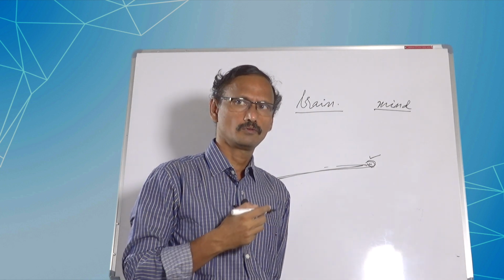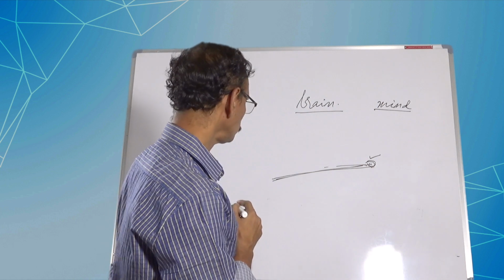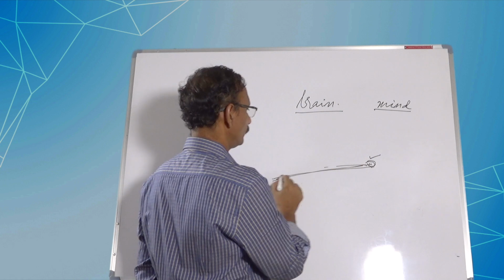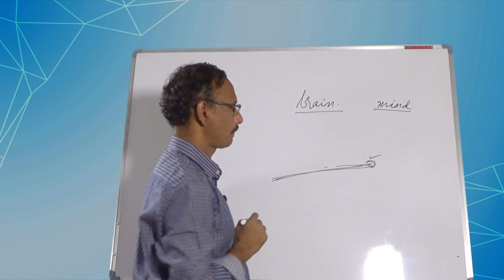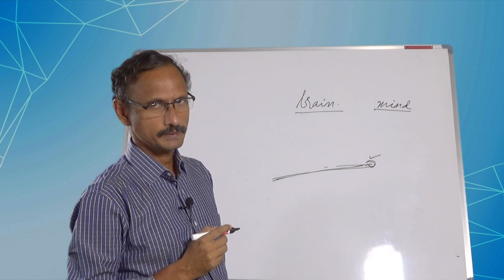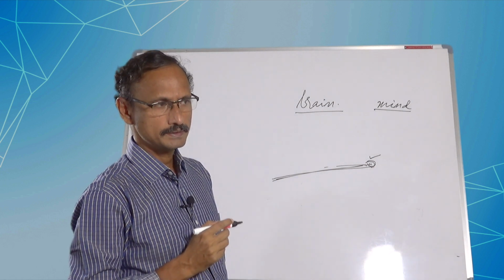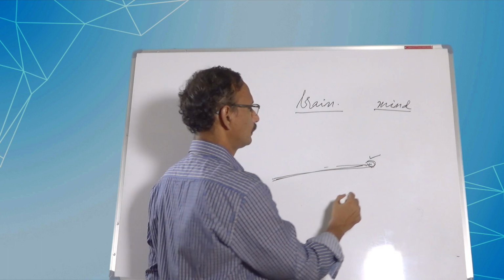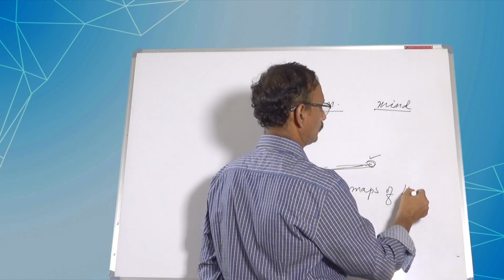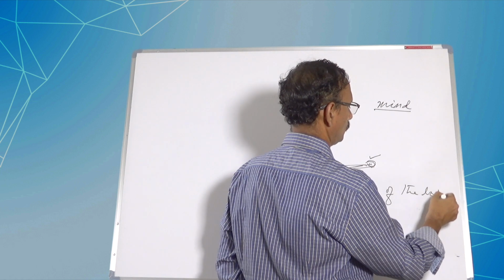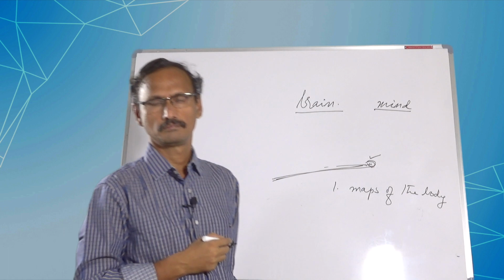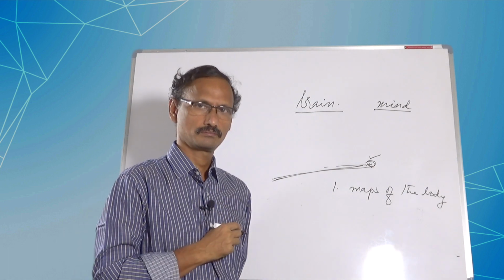So let us see what is going on here. Nervous system, says Damasio, is making maps of the body. Making maps of the body.